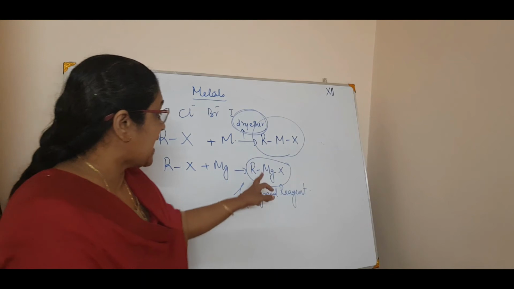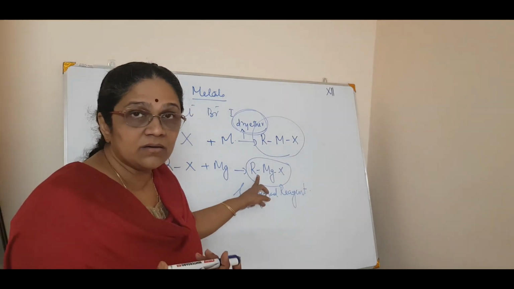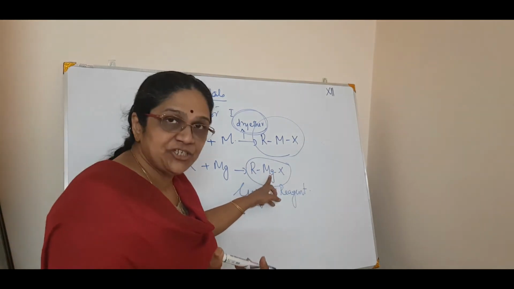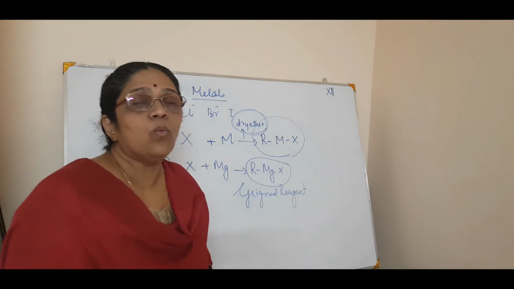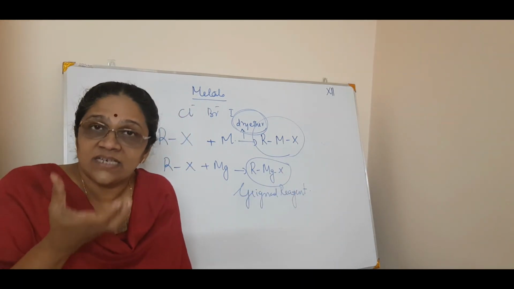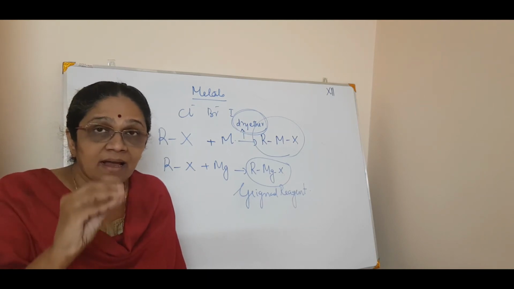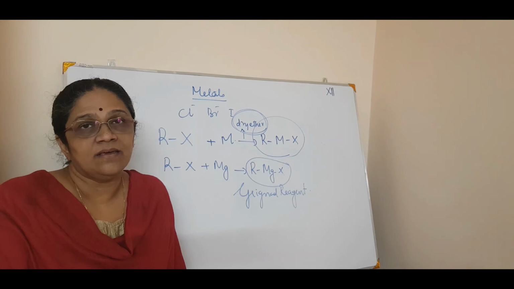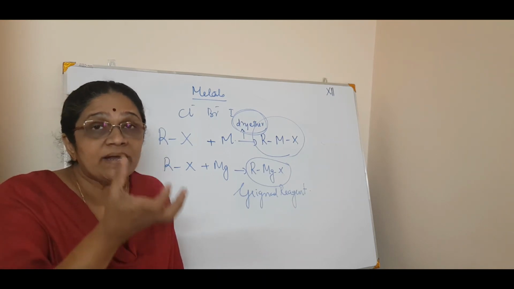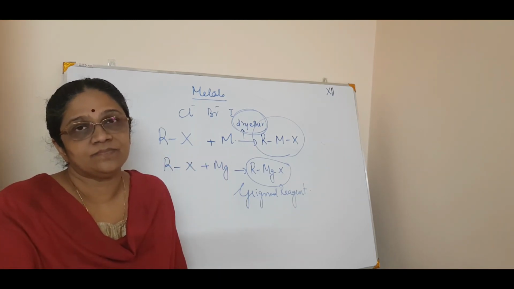You call it alkyl magnesium halide. So what is Grignard's reagent? Grignard's reagent is nothing but alkyl magnesium halide. That is an organometallic compound.